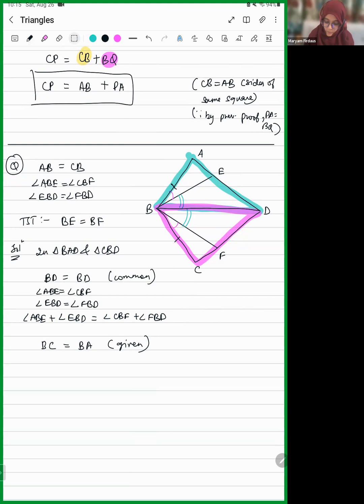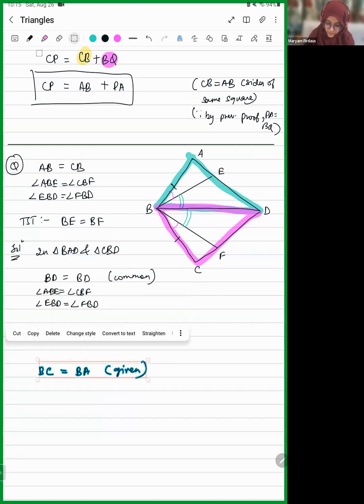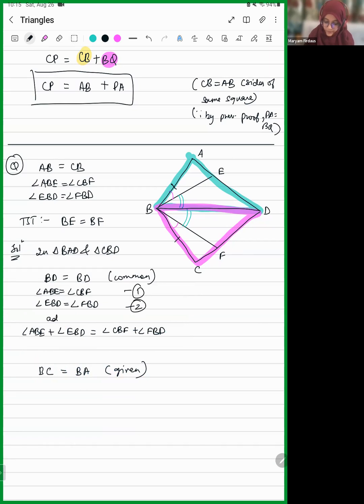So when we add both of these, this is 1, this is 2, adding 1 and 2. Okay, this is how we get this particular point. So that means angle ABE plus EBD is what?